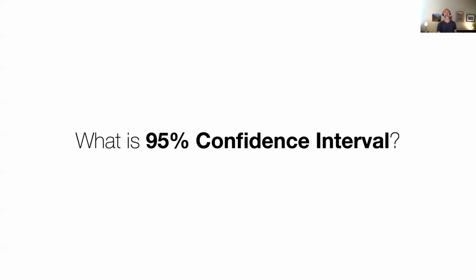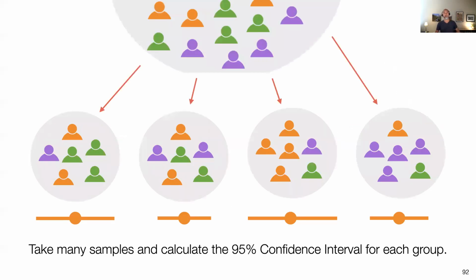But what this 95% confidence interval really means, theoretically, is this. You have something called a population, your entire target customers. And the customers you have in your data happen to be randomly selected from the entire population.